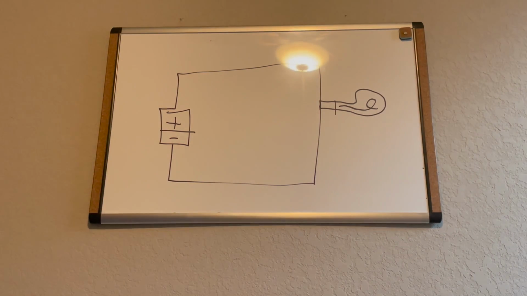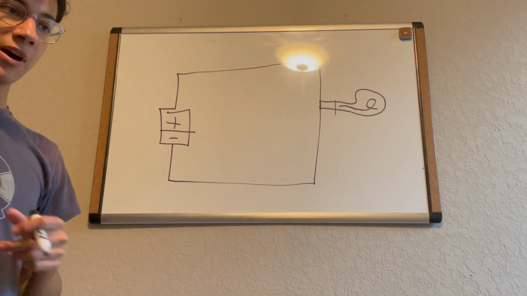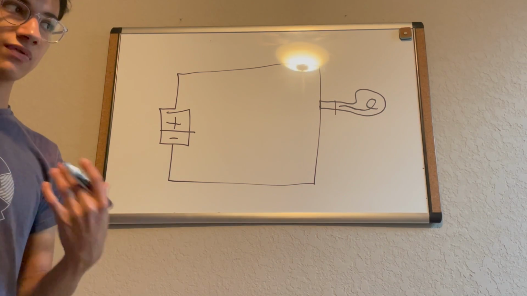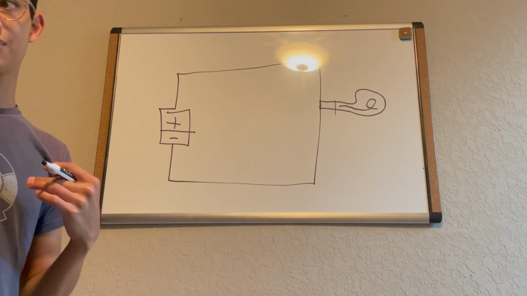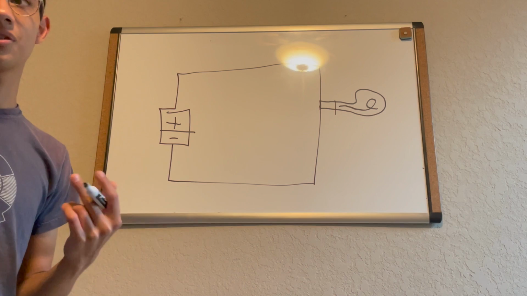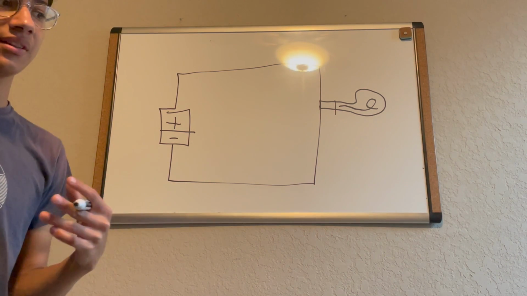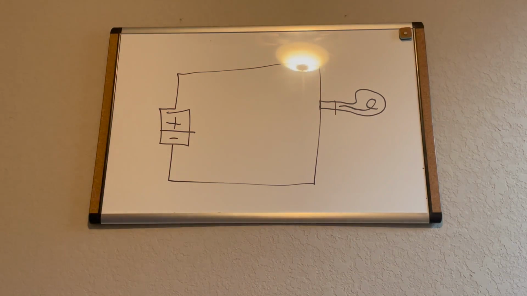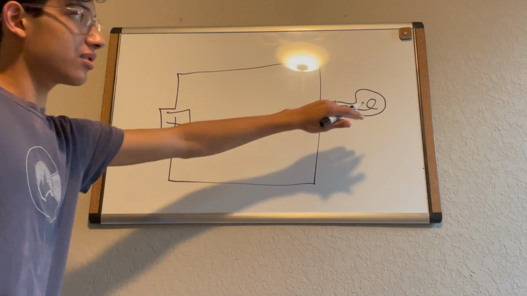Within this is usually copper wire, because copper wire can easily transfer electrons from one atom to another. And copper wire is in mostly everything: your charger, your TV, everything.